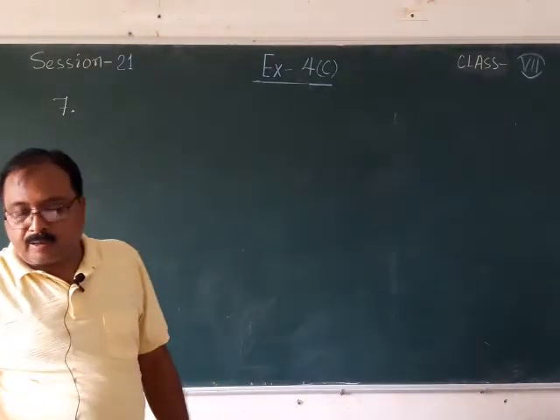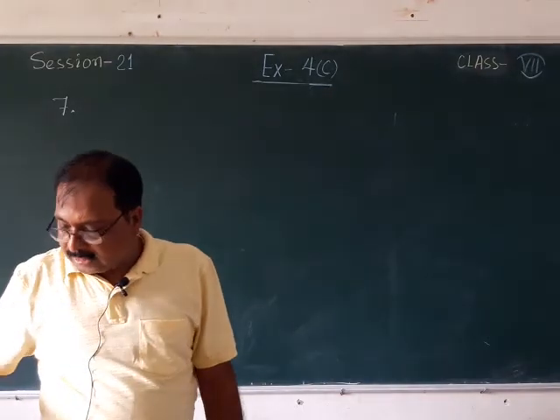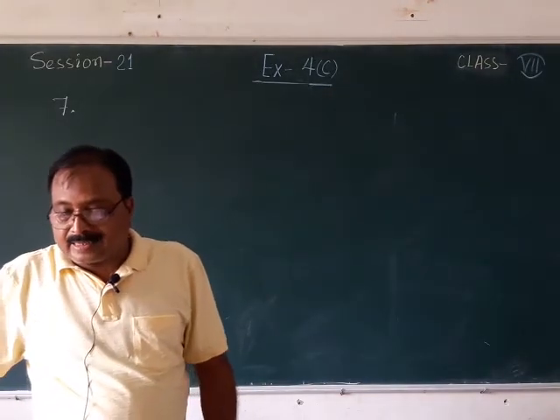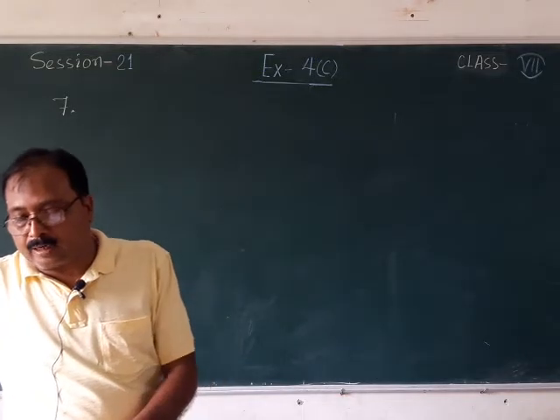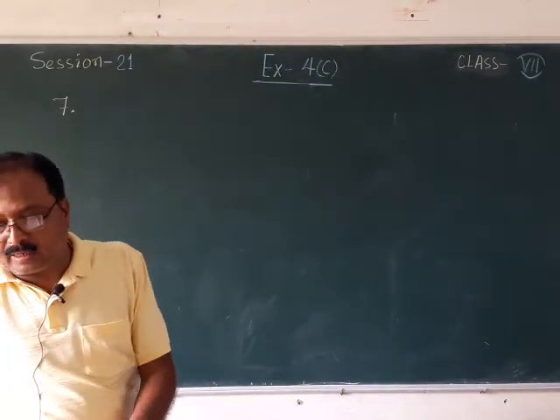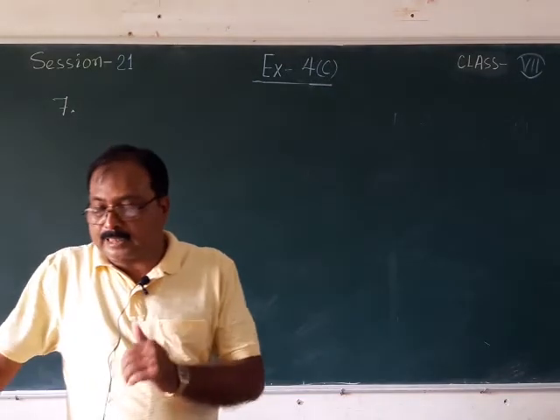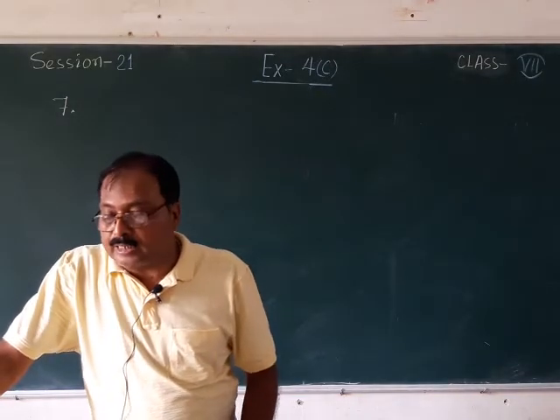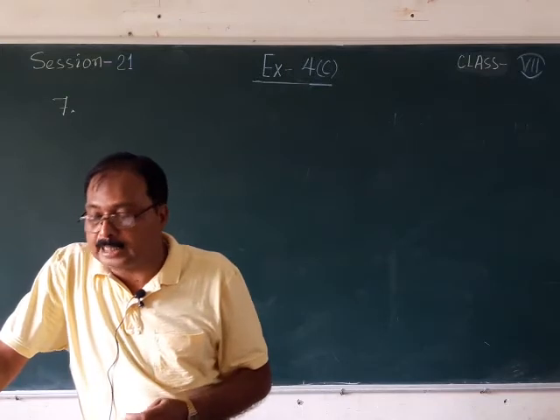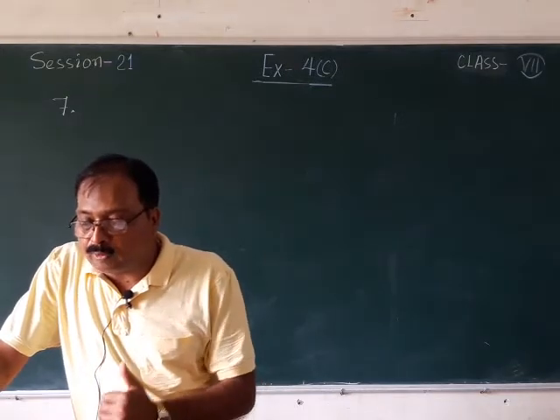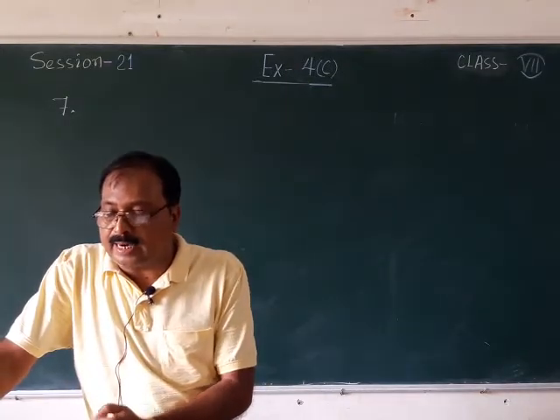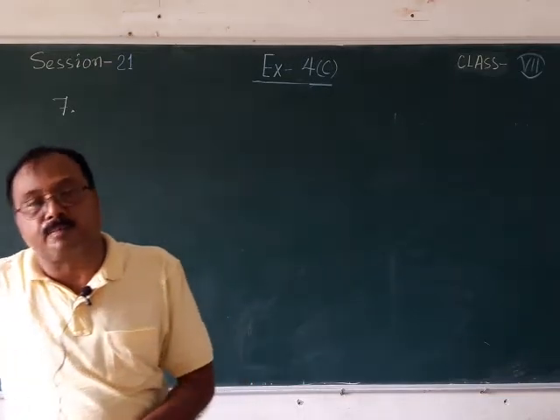In E number question, you can see it is written that Ritesh has a triangular garden of sides 58 upon 4 meter, 43 upon 6 meter and 29 upon 7 meter respectively. Find the cost of fencing the garden at the rate of rupees 15 per meter.